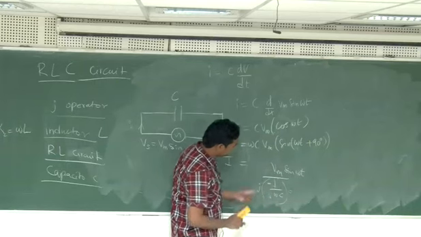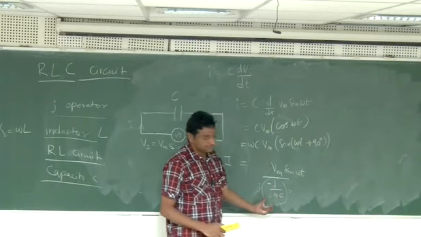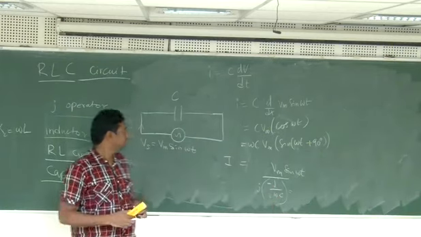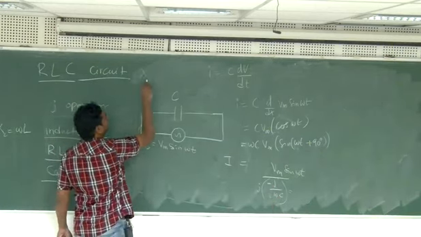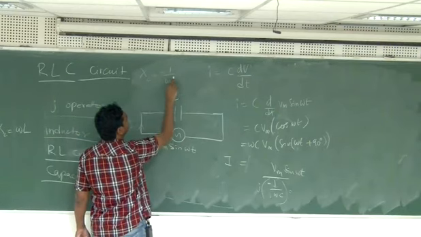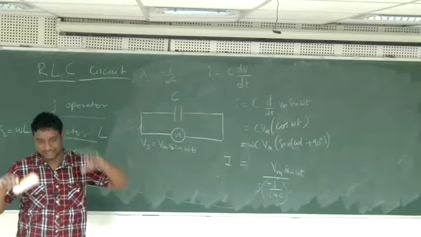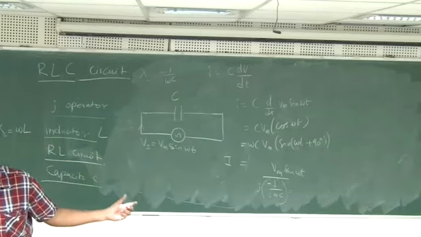So j into minus 1 by j omega C. The quantity inside the brackets is XC. I can write XC equal to minus 1 by omega C. Don't worry too much about this sign; when you write it in the circuit, it should be correct finally.